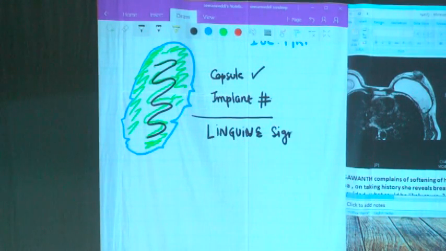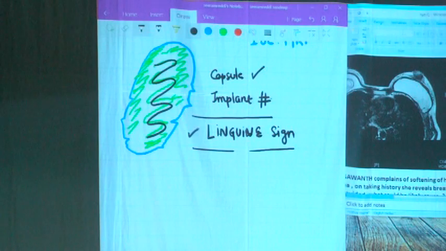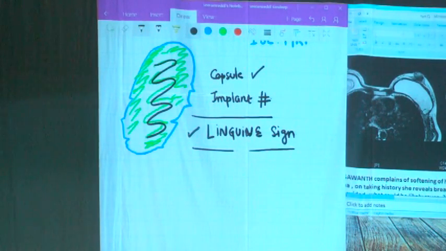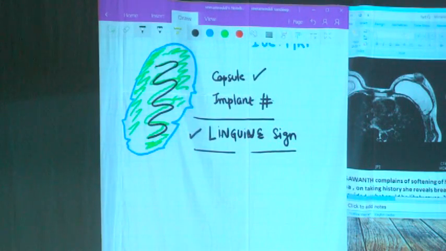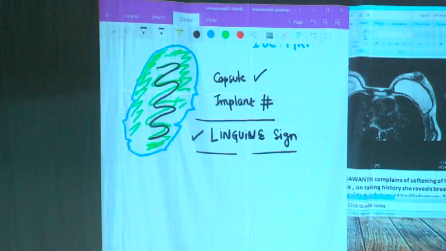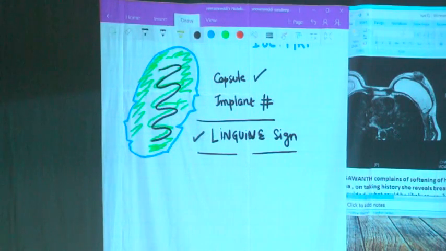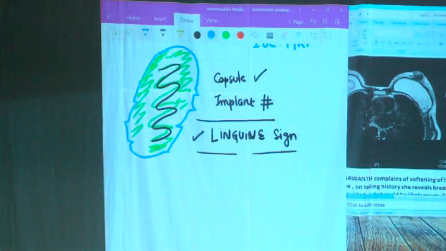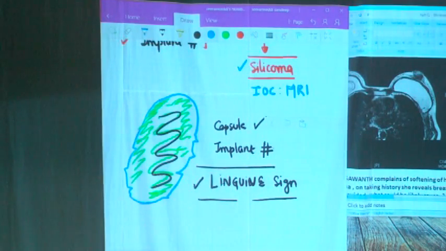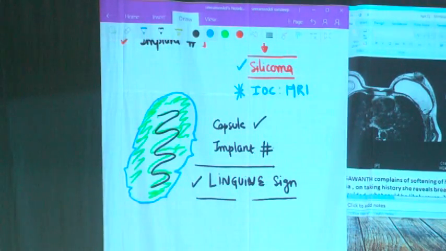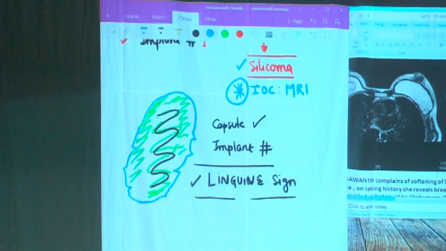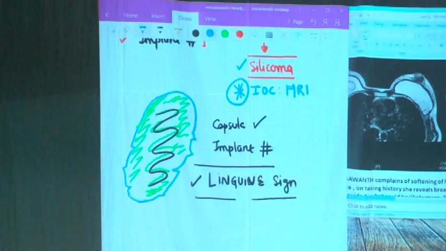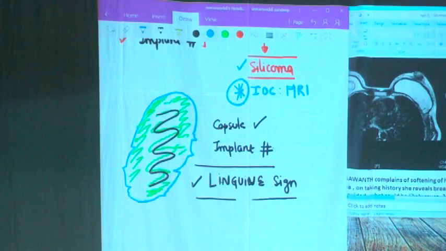Linguine sign is nothing but a breast related or an implant related complication where the capsule remains intact but the implant itself gets ruptured, and the wavy border appearance of an implant within a capsule is referred to as linguine sign. आपसे पूछा हुआ what is the investigational choice to demonstrate linguine sign? Again, any implant related complication आपने answer करना, it is MRI. So again linguine sign is demonstrated on MRI.